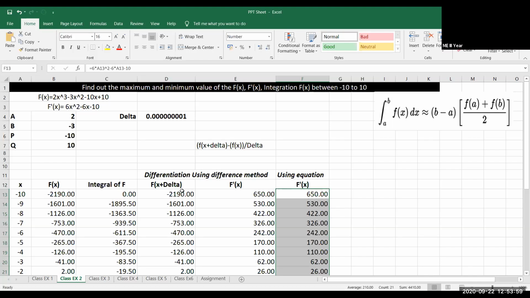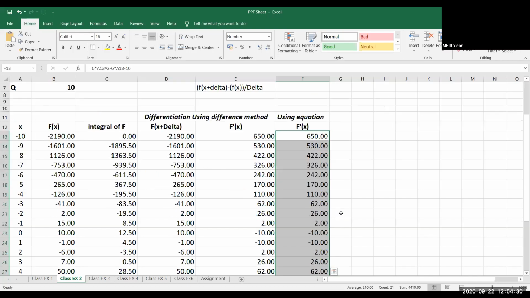Then you find the fx plus delta using the formula. Then you find the f dash x using the difference method, using this formula. After that, using the equation, f dash x, since we have already given fx, you can easily find the differential: 6x squared minus 6x minus 10. So we got all the values.